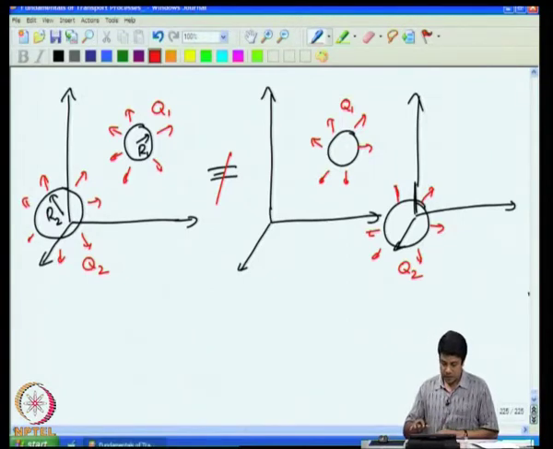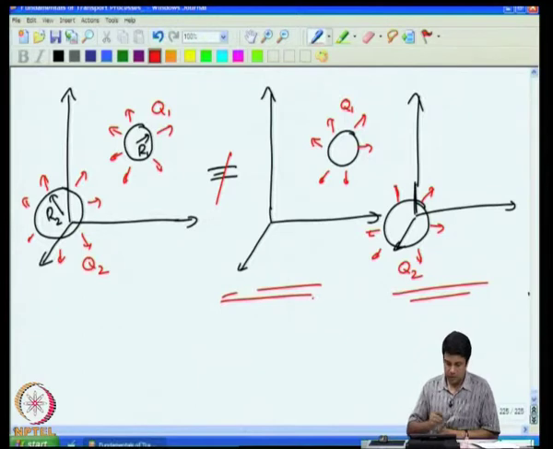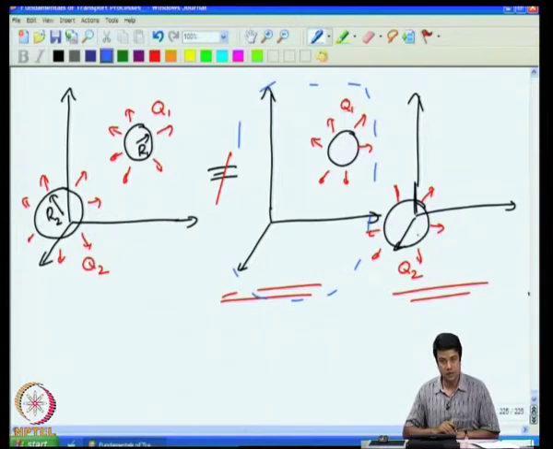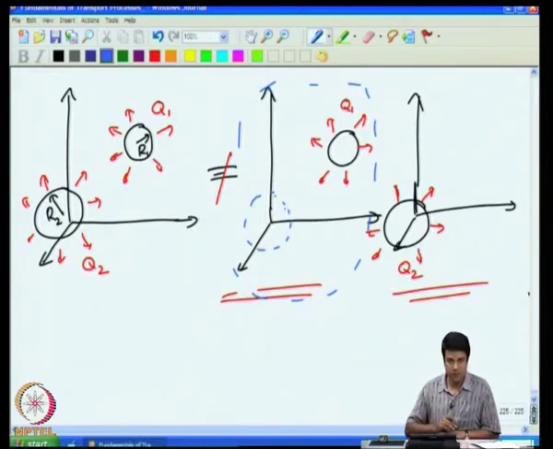The reason is because if I add the temperature due to this one and the temperature due to this one, I will not get the temperature field here, because in this particular geometry, this second particle was not present. So, I will have some other temperature at the location of the second particle. Similarly, in this geometry, the first particle was not present.